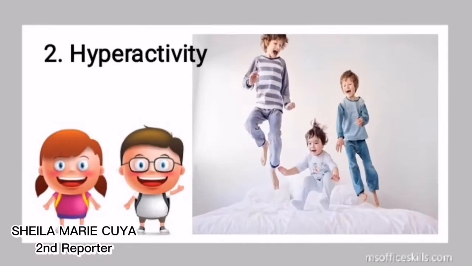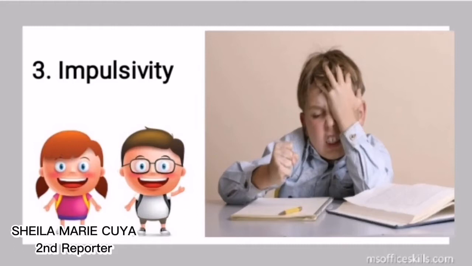Second is hyperactivity. A child will seem restless and easily bored. They may have trouble sitting still or staying quiet when needed. And the last one is impulsivity. Children will do silly things to get attention, have trouble following the rules, are aggressive towards other kids, and tend to overreact to frustration, disappointments, mistakes, and criticism.